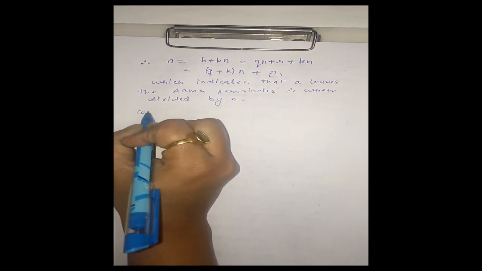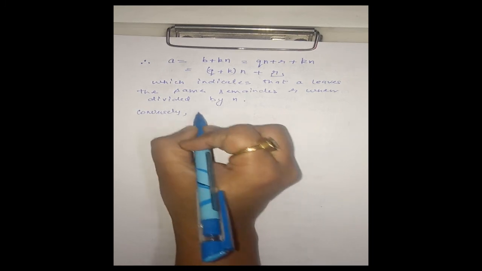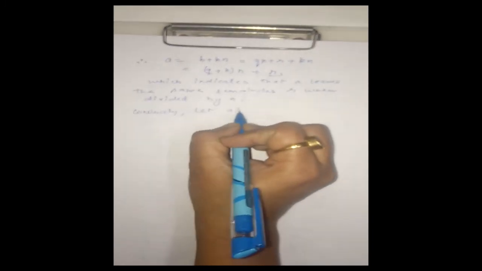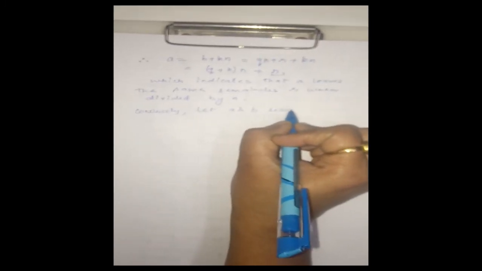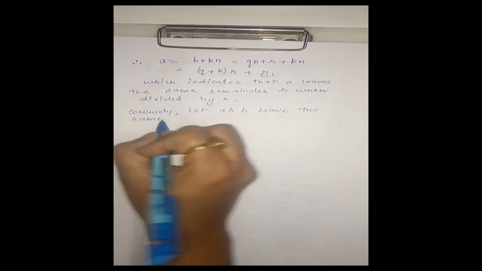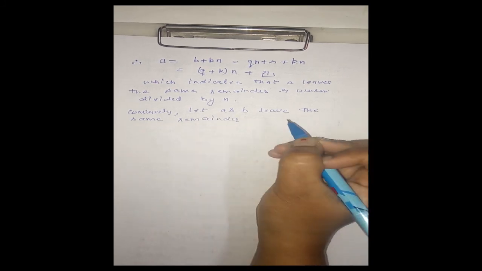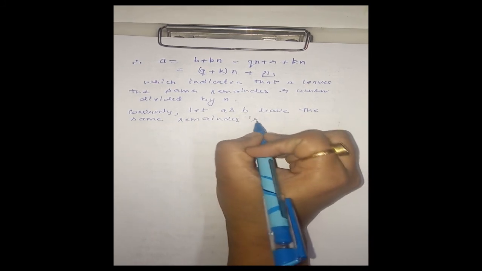Now we will prove the reverse part. Conversely, let a and b leave the same remainder, say r, when divided by n.